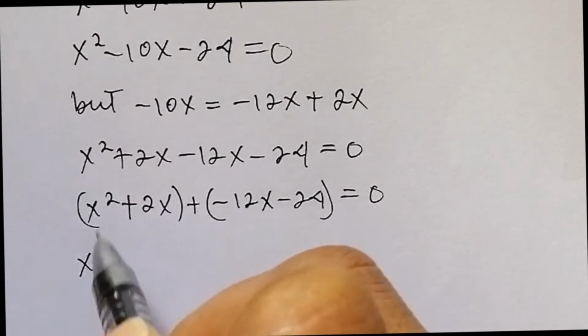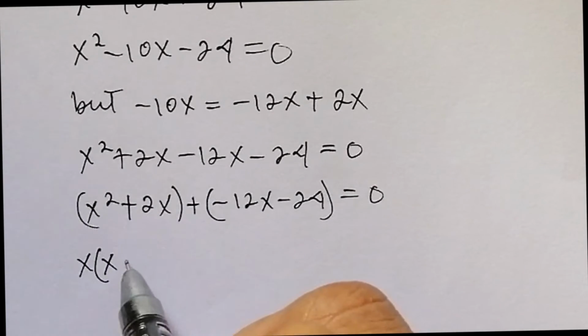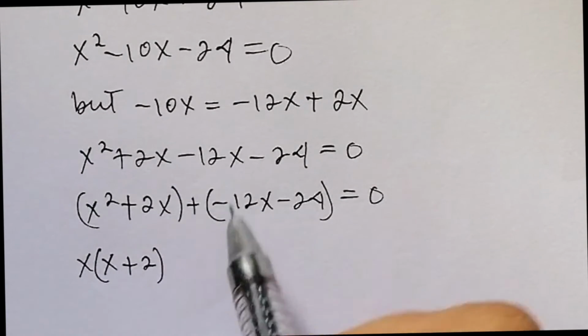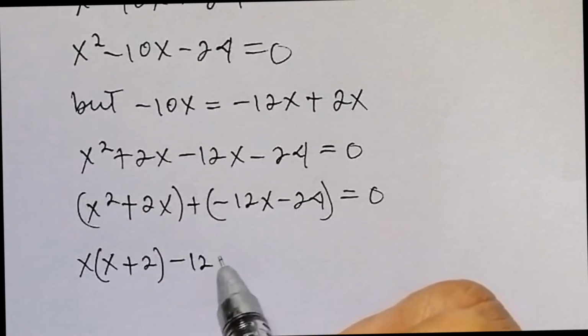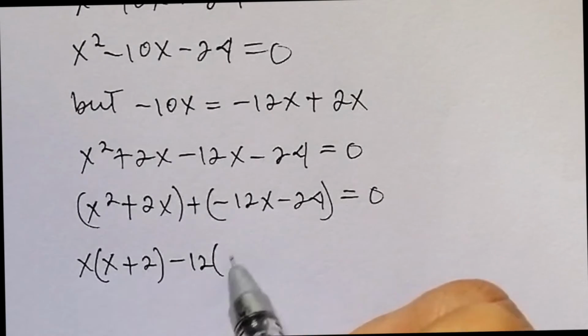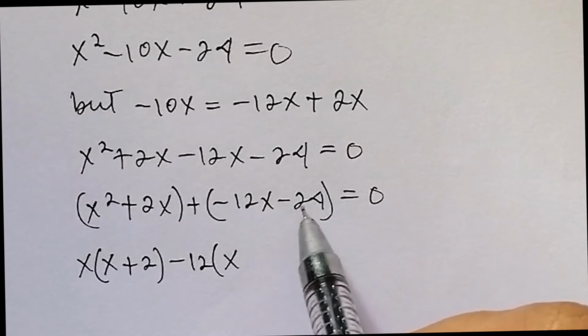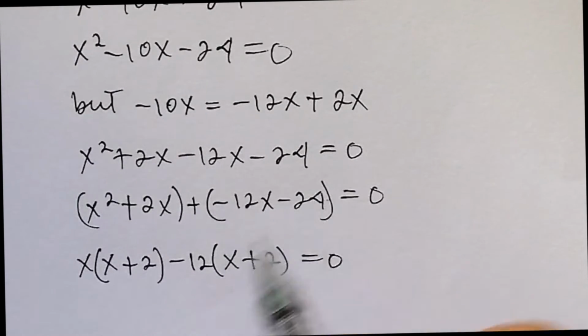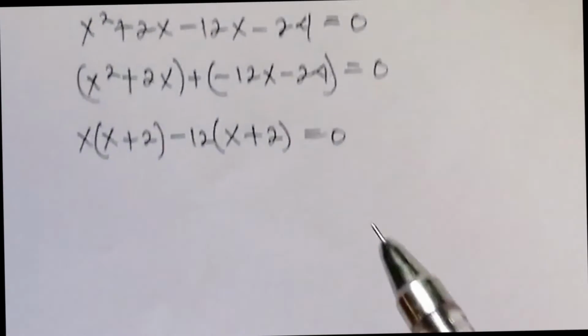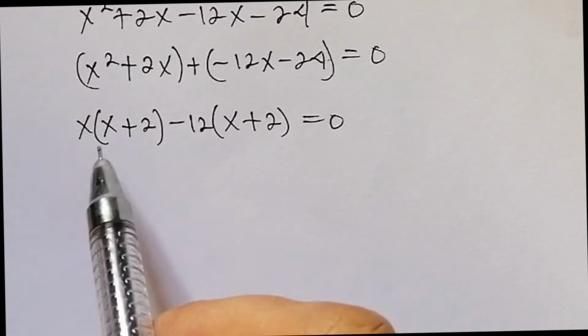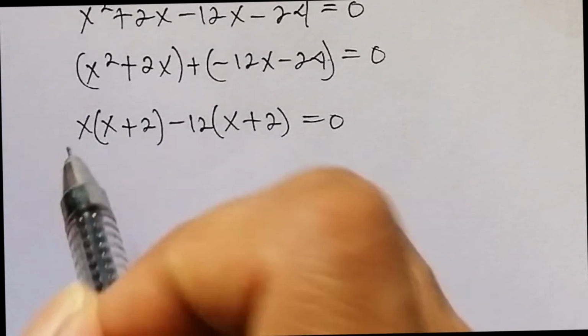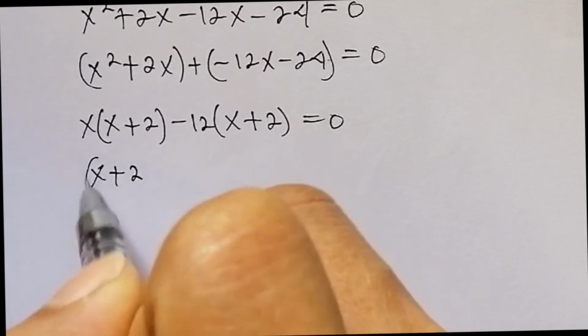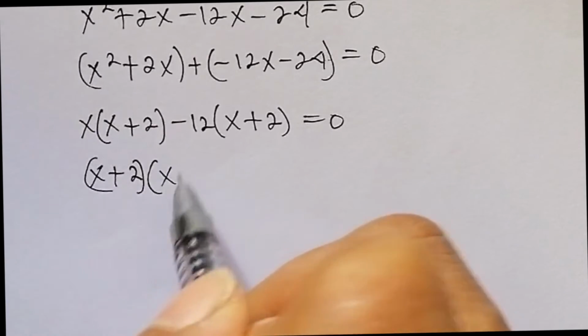After that, we have to factor out each quantity to find for their common factor. Now as you see, their common factor is x plus 2. So let's take x plus 2 out of the bracket. Then regroup the x and negative 12.